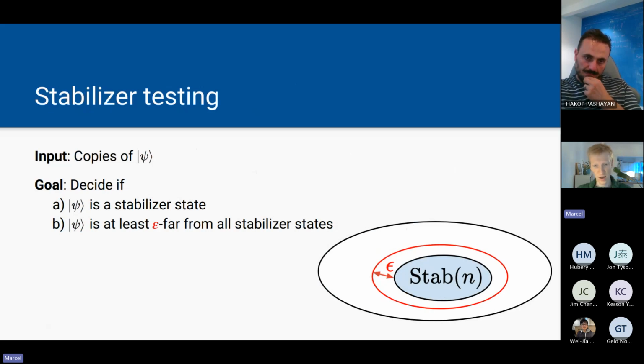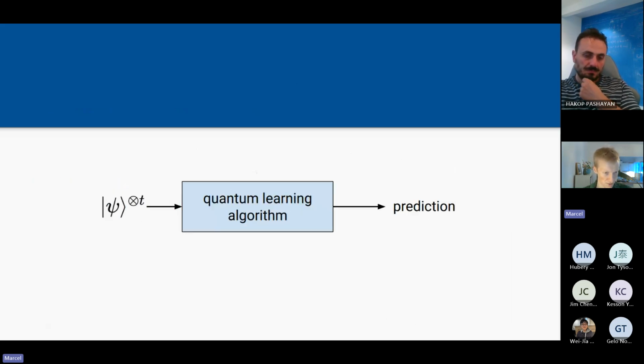Okay, so now the task is easy to state, but maybe I don't know how many of you have worked in quantum learning or quantum testing problems before, I just want to make some comments on how you should think about this task and how you should think about solving tasks of this kind. So basically, the model that we have in mind is you get given copies of the unknown state psi, and then you can apply a quantum learning algorithm to these copies.